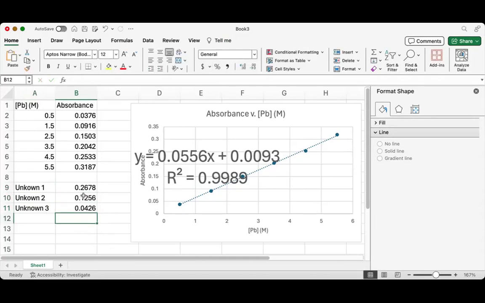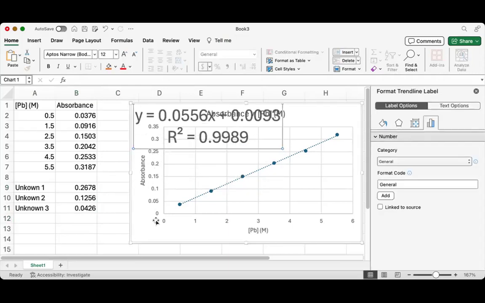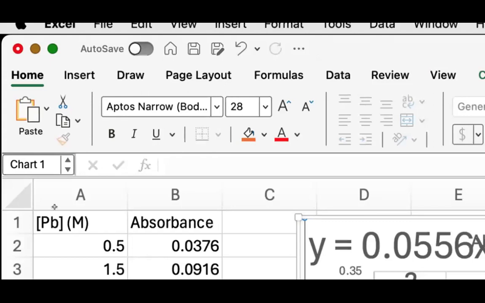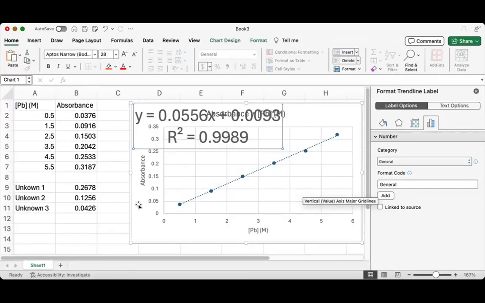So just by looking, you can see unknown 1 is between, so if unknown 1 is 0.26, it'll be just between 0.25 and 0.3. So if we look, it'll be around here between 4 and 5 molars. And we'll use our line of best fit to find the exact value.